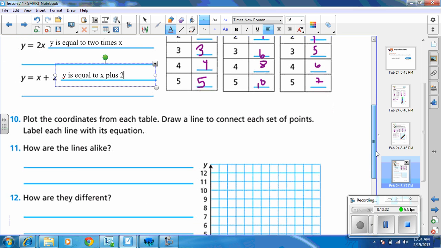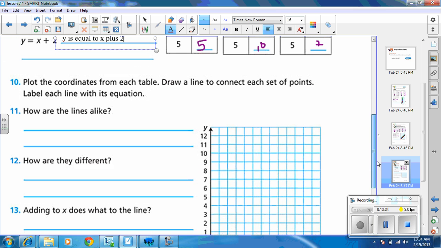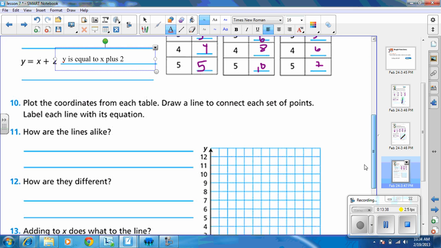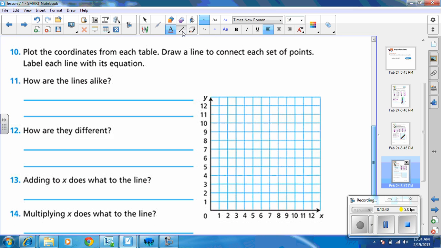Okay, now you're going to plot them and connect each one. Okay, remember when they're equal, increments go up evenly. So 0, 0, 1, 1, 1, 2, 2, 3, so on, all the way up. Okay, and again, you could extend that out farther.